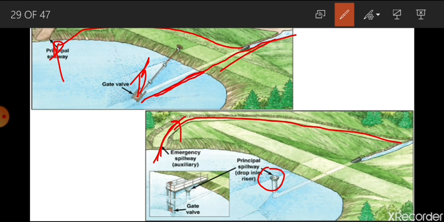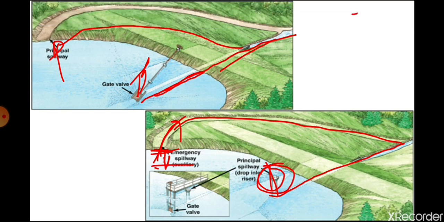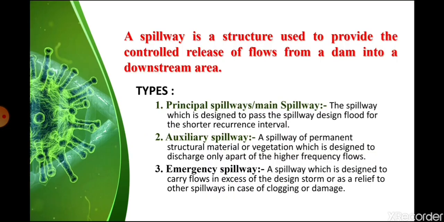Similarly, this particular drop is placed a little lower than this elevation, and when water goes inside, it will pass into the downstream area through the conduit. So these are the different kinds of spillway for allowing the excess amount of water.